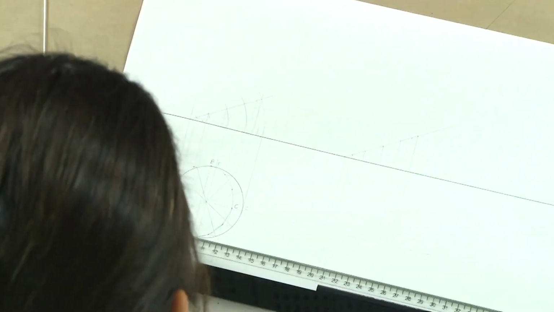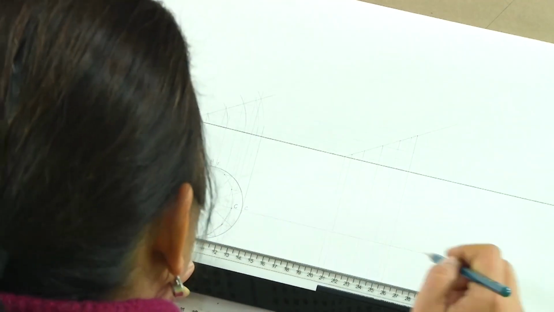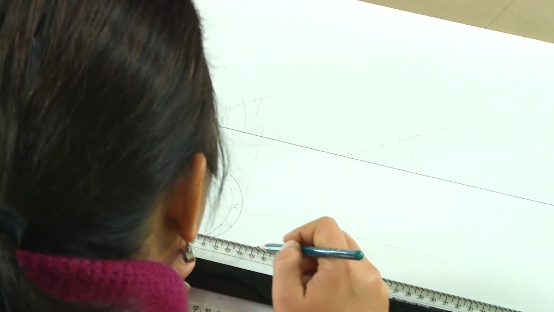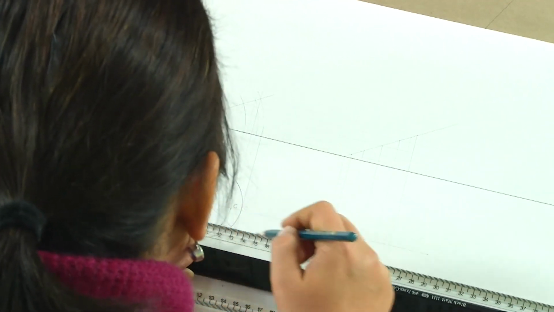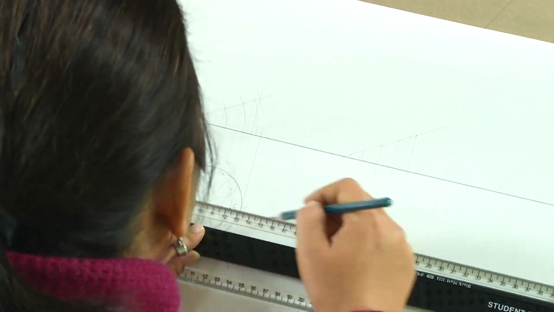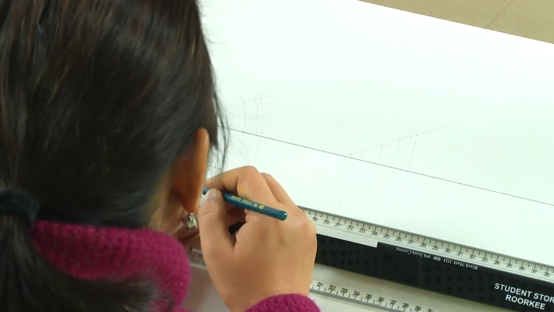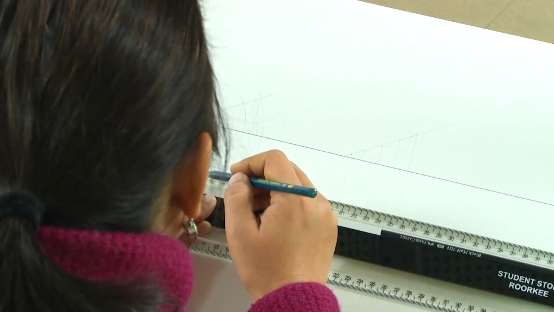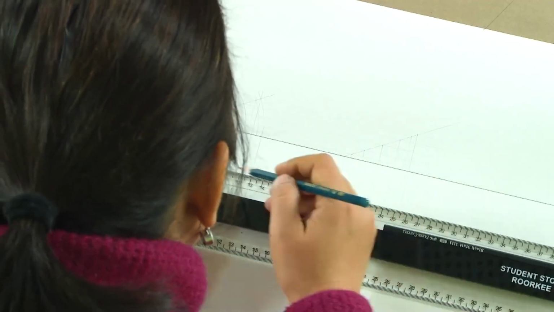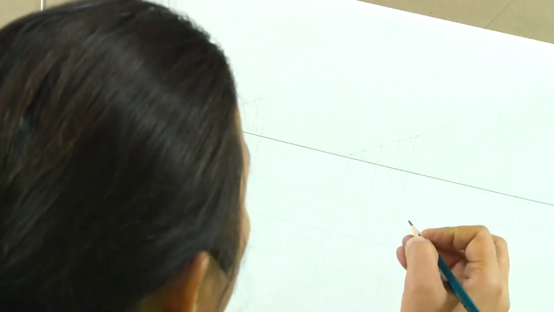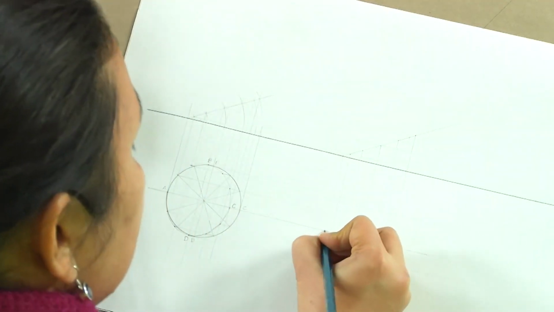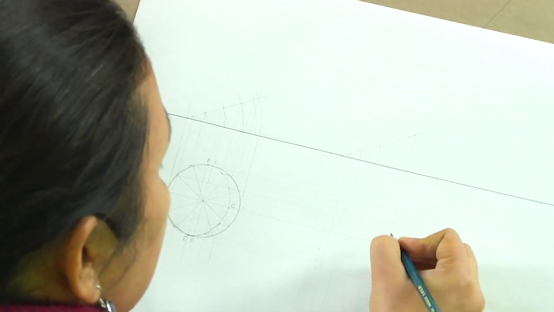And we will bring the same points from this ellipse which we got here. Since it was a circle, the projection of this ellipse is also symmetrical, it's regular. So what we get here is this ellipse.